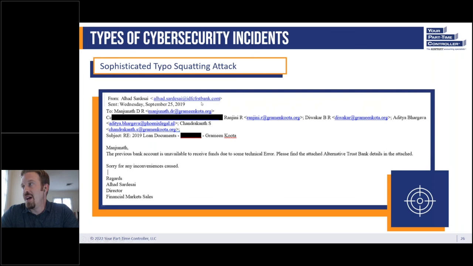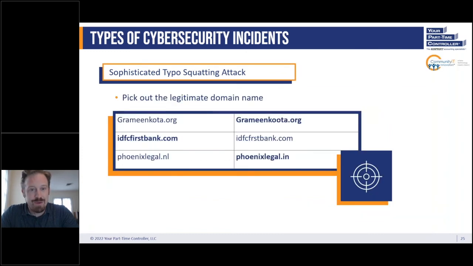We can see from IDFC First Bank, which is the fake account that was set up, to Grameen Kota, which is the legitimate organization, also mixed in with Grameen Kuta, which was the, actually I need to go back, and I think Grameen Kota is the legitimate one.